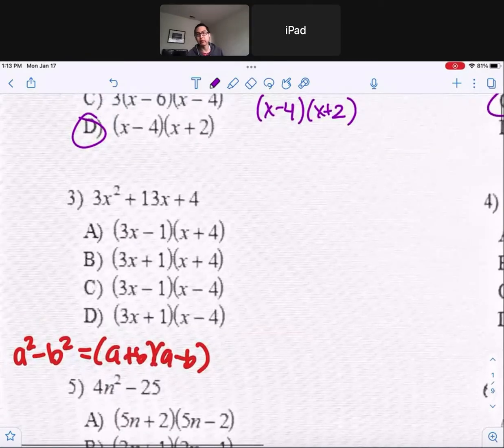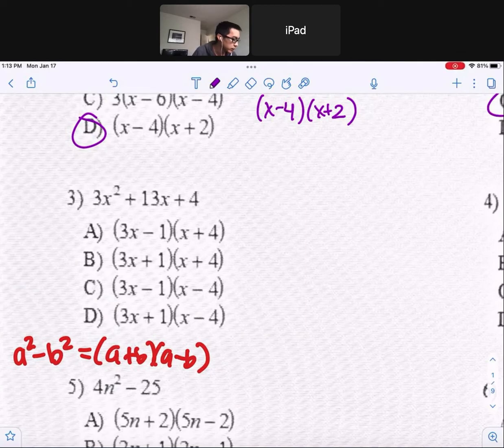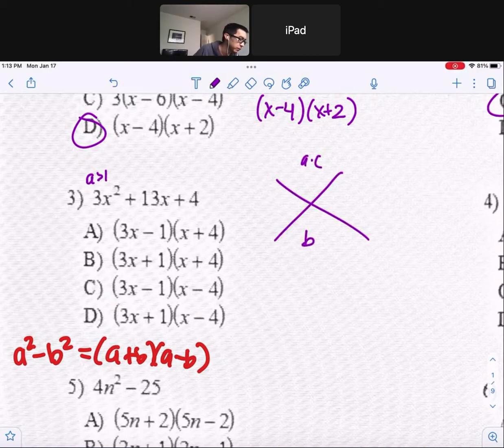Okay, number 3. You cannot factor something out from 3, 13, and 4, so you have to factor this using your a is greater than 1 method. So you still do the X method, a times c up top, b on the bottom. 3 times 4 is 12, and then 13 is on the bottom. So two numbers that multiply to 12, but when added give you 13, that's 12 and 1.